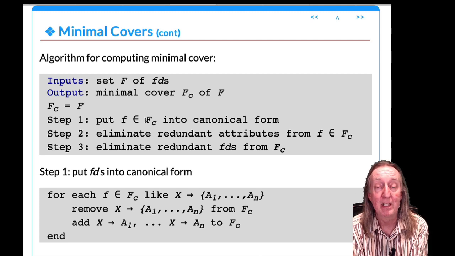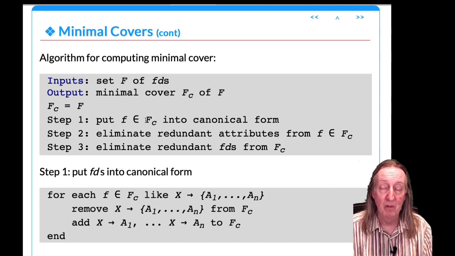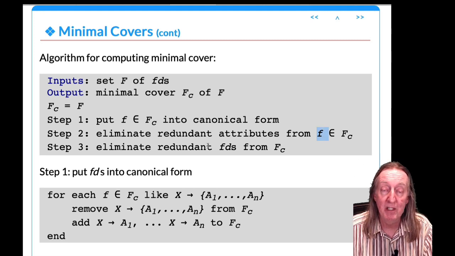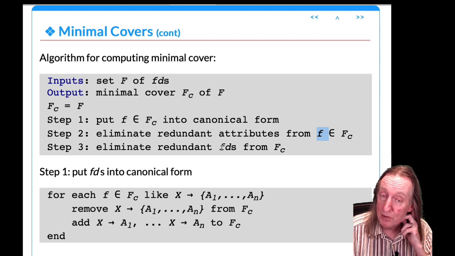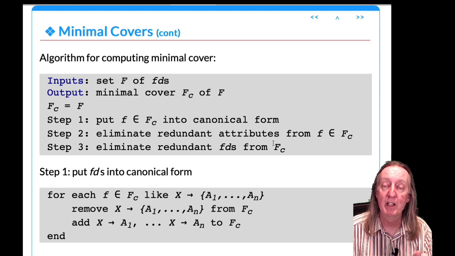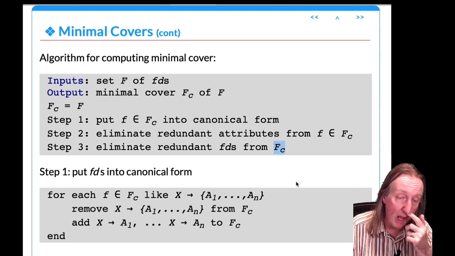The next step, eliminate redundant attributes from whatever functional dependencies we can find that might have redundant attributes, and then we can start eliminating redundant functional dependencies. And having done all of those things, we've now reached our minimal cover.